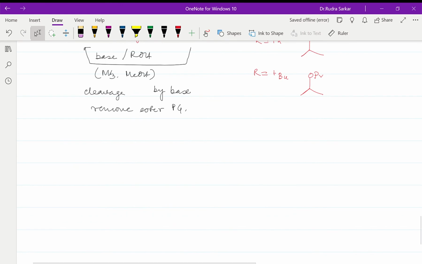Let us take an example. Now herein we have a cyclic ester, also known sometimes as a lactone. This is our cyclic ester. Okay. Now if this is treated with HCl, acid catalyzed opening of the lactone will take place as shown over here.